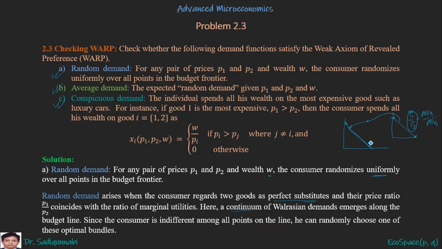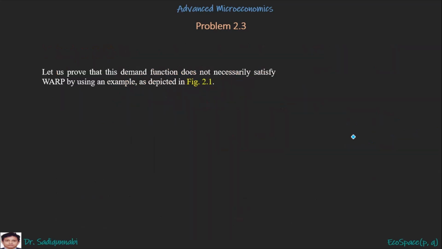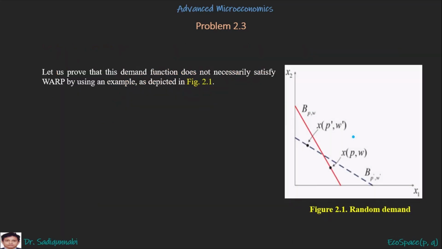So he is indifferent, and because he is indifferent, he can randomly choose any point as the optimal bundle. So we can express this in the graph like this: random demand.